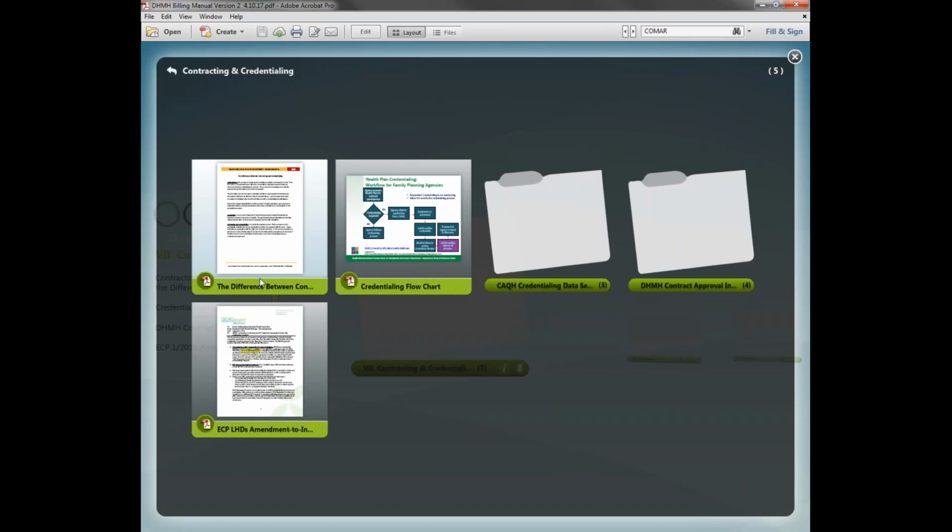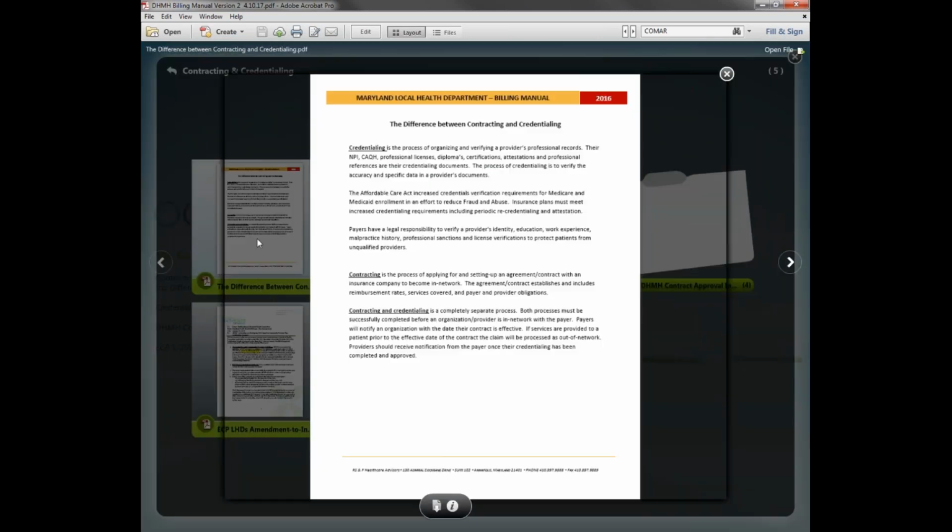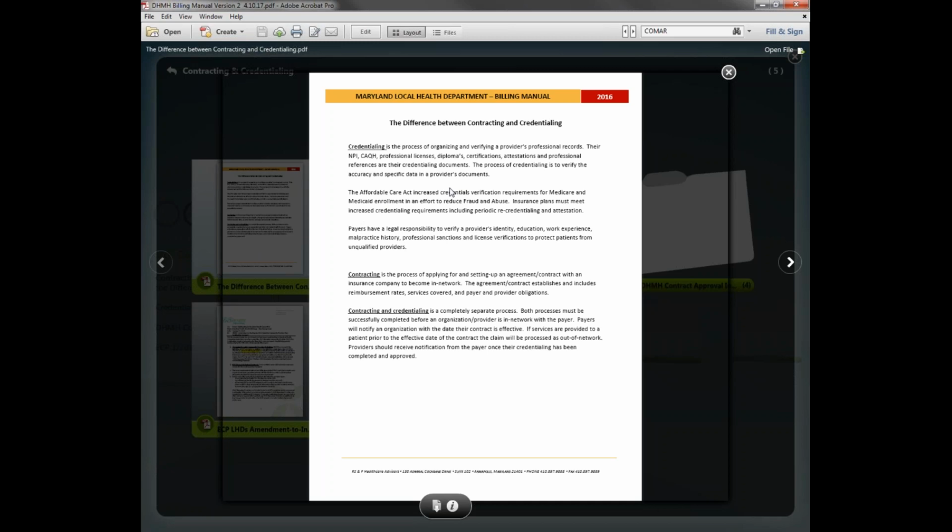All right, so we'll start the chapter on contracting and credentialing by going over the differences between the two. Sometimes the two are confused. Sometimes people think they're the same thing, but there are distinct differences. The credentialing piece of it is the process of organizing and verifying a provider's professional records.